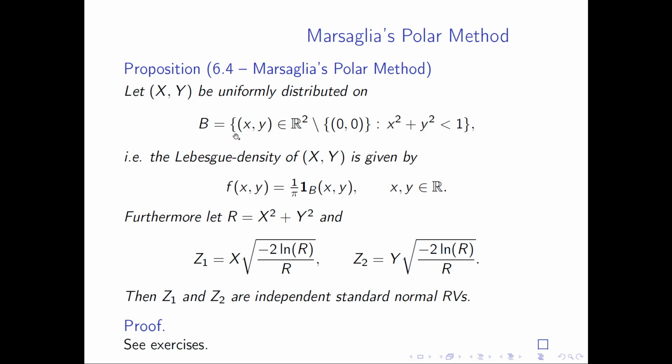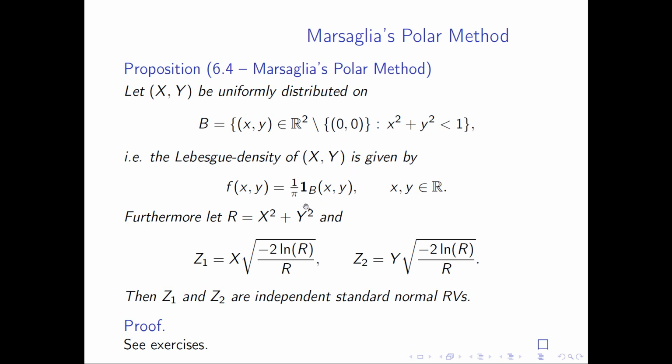For technical reasons, the unit circle without 0, 0 and without the boundary. But for sampling this, again, lower dimensional subsets don't matter. So here's the Lebesgue density of x and y. It's just the indicator function of B, with a normalizing factor 1 over pi. So x and y are uniformly distributed on the unit circle.